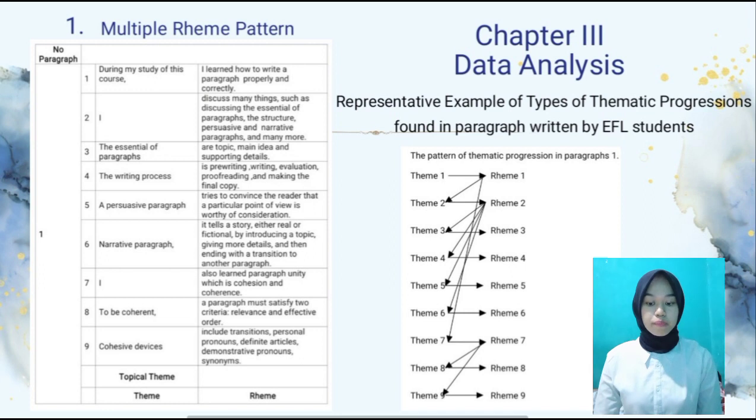Furthermore, the multiple rheme pattern occurs again by repeating the rheme in sentence 2, which is taken to create theme 3, theme 4, theme 5, and theme 6. Finally, the multiple rheme pattern repeats again with the rheme in sentence 7, which is taken to create theme 8 and theme 9.